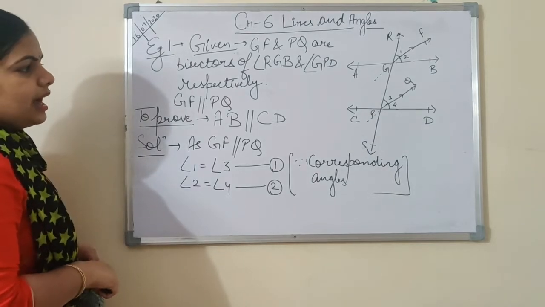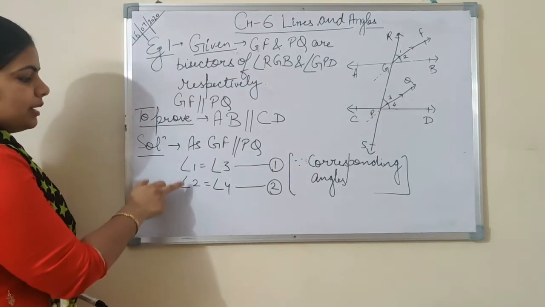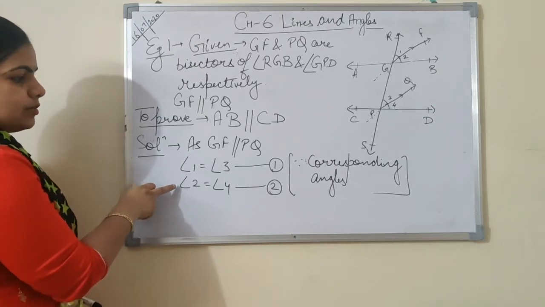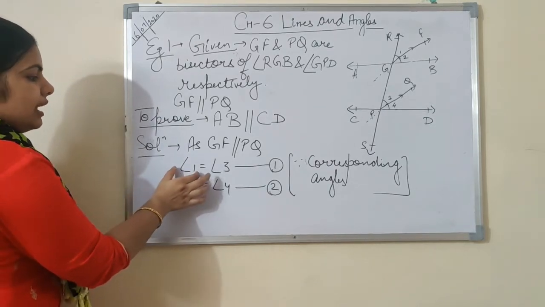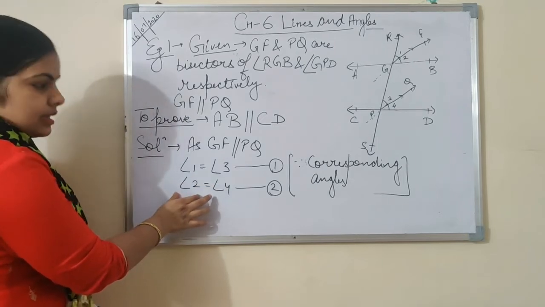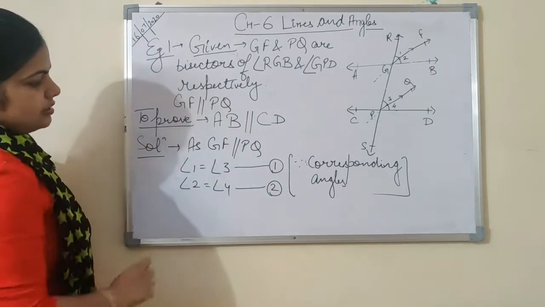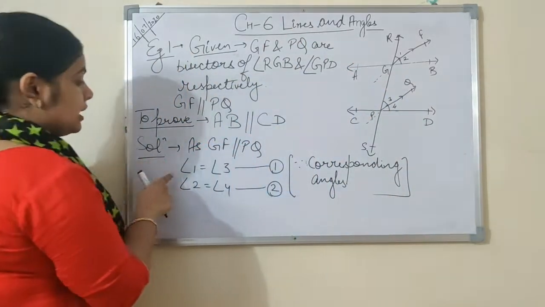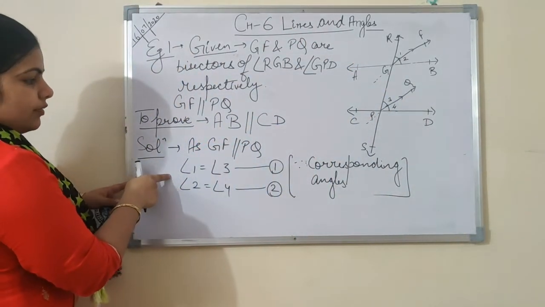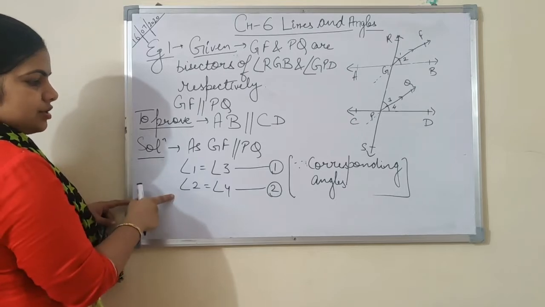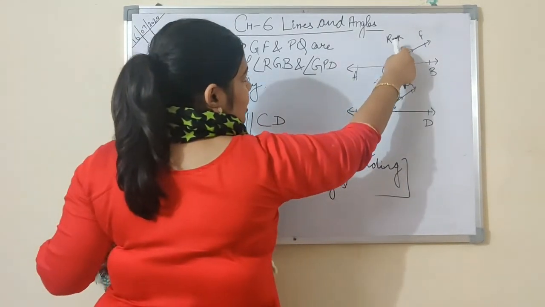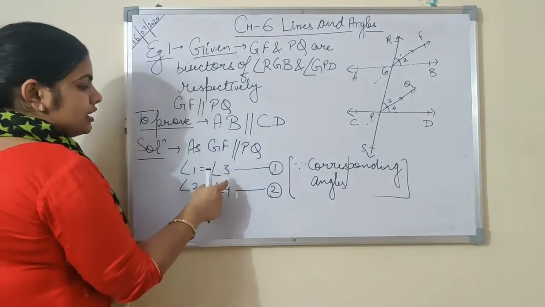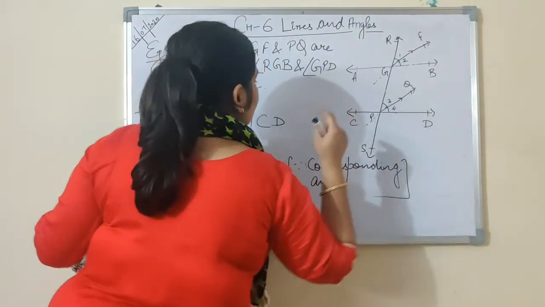Now, in the next step, I am adding equation number 1 with equation number 2. That means we will add LHS with LHS and RHS with RHS. You can see by this equation in the figure, angle 1 plus angle 2 will become angle RGB and angle 3 plus angle 4 will become angle GPD.